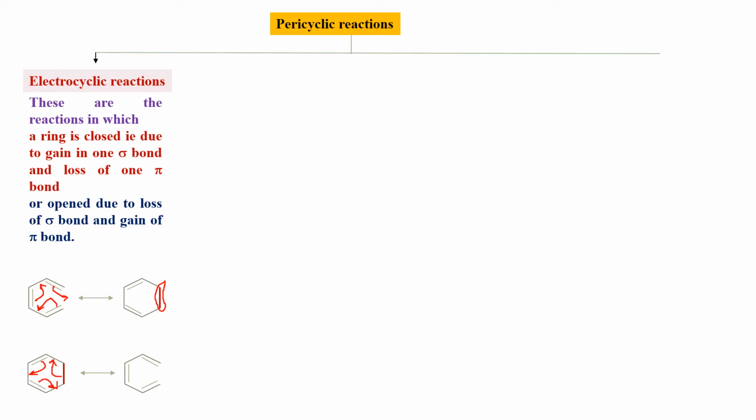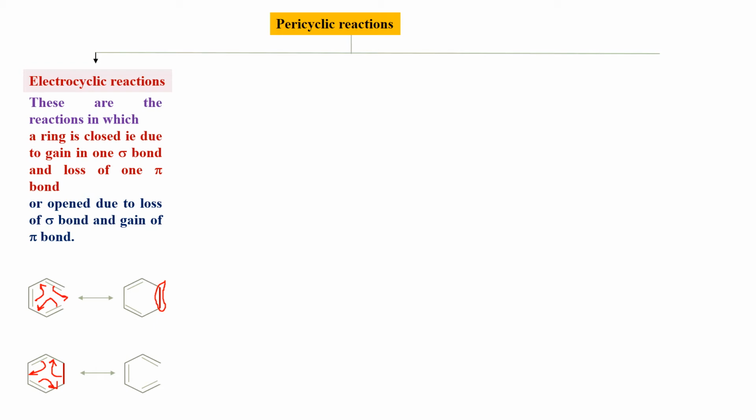We will be getting a compound with open structure in which three pi bonds are available and the sigma bond is lost. So this type of reaction, both types of reaction, are known as electrocyclic reaction. This is one type of pericyclic reaction.